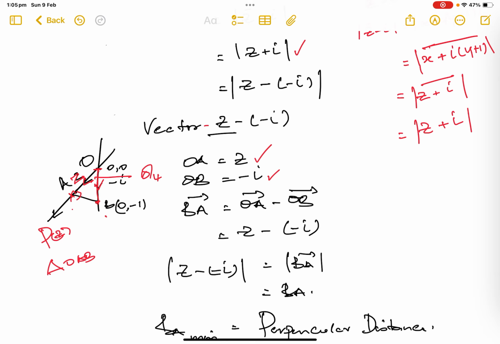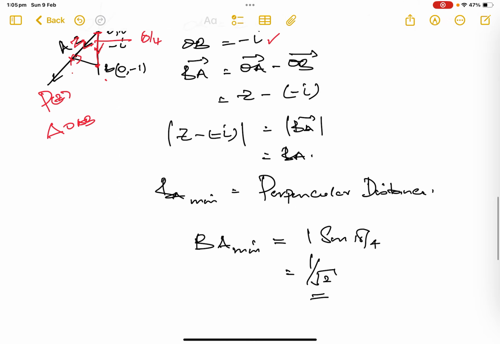So sine pi by 4 is the opposite side over the hypotenuse, which is 1. So BA minimum equals 1 times sine pi by 4, and sine pi by 4 is 1 over root 2.